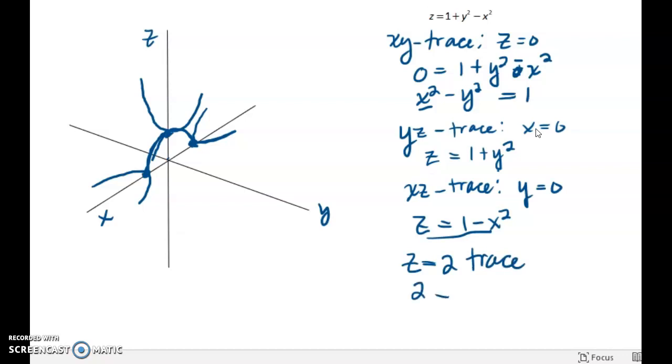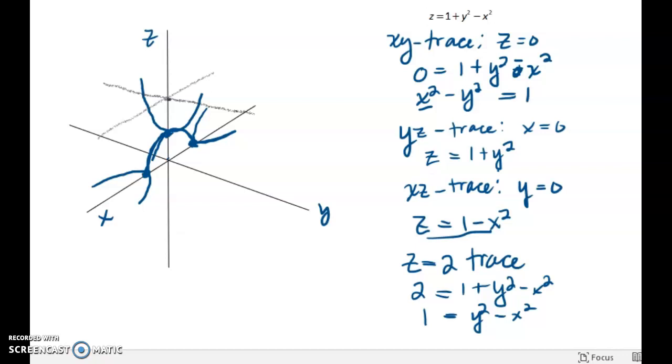So 2 equals 1 plus y squared minus x squared. That says 1 equals y squared minus x squared. Now remember, we're in the plane z equals 2. So let's say this is 2 right here. So I'm going to draw a line parallel to the x and a line parallel to the y. We're in that plane.